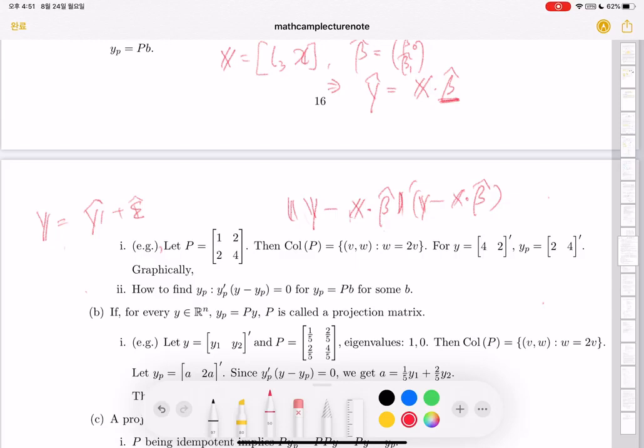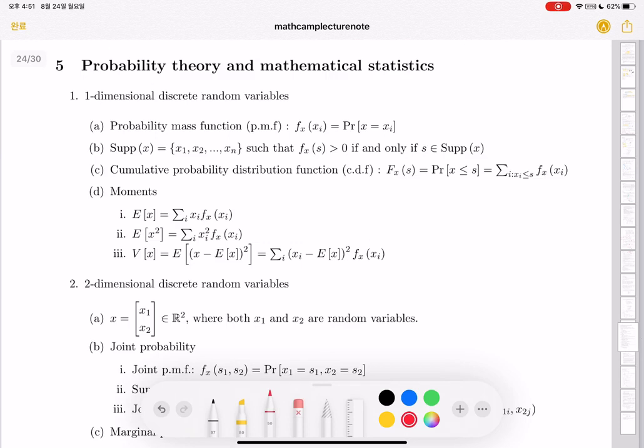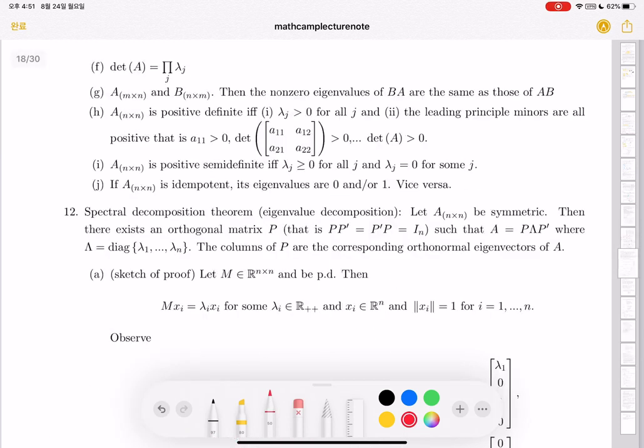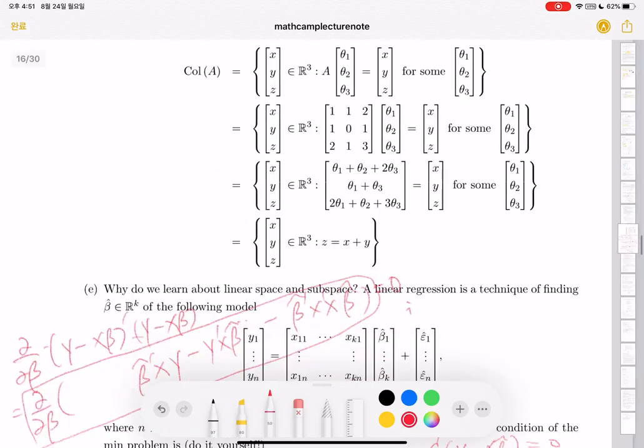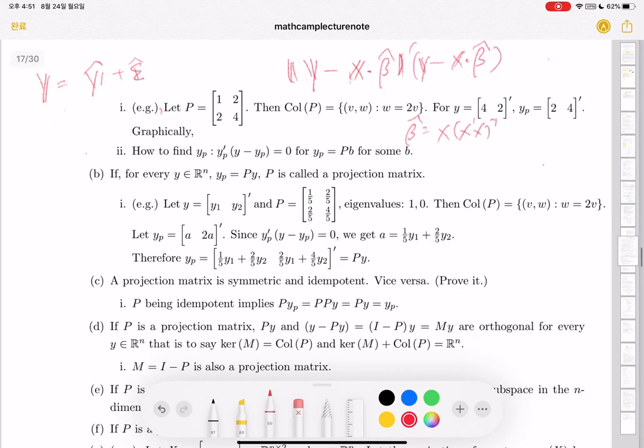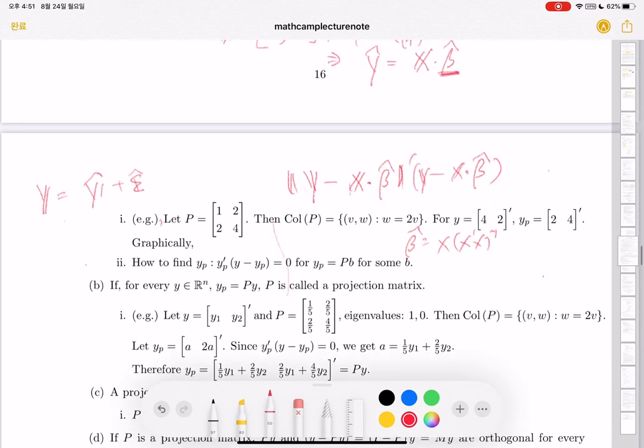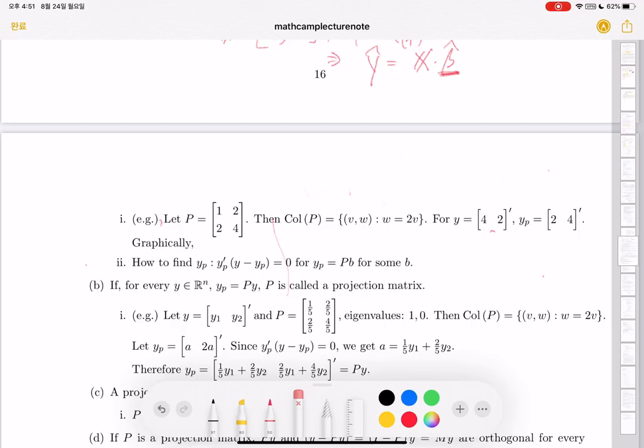And we know what beta hat is. Your beta hat is x prime x inverse x prime y. Therefore y hat is x prime x inverse x prime y, and this is our P of x in the previous notation.